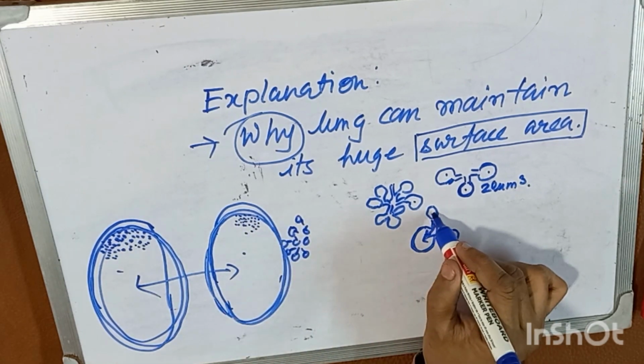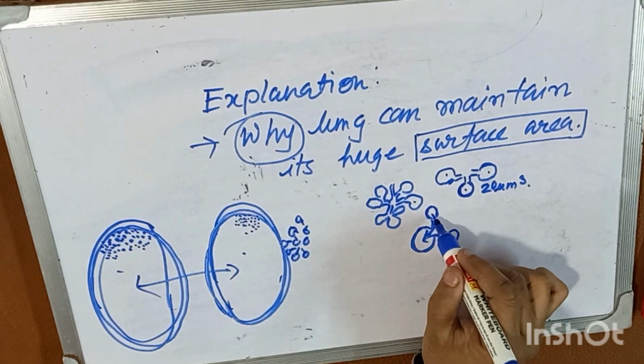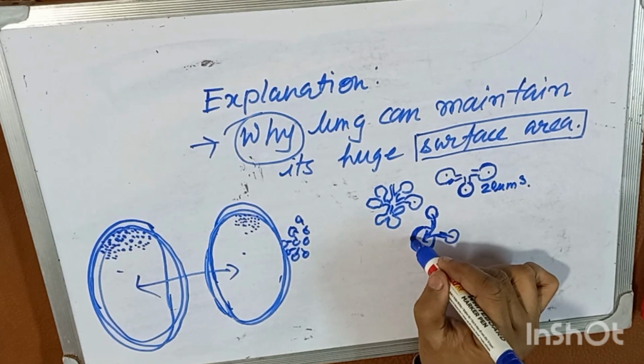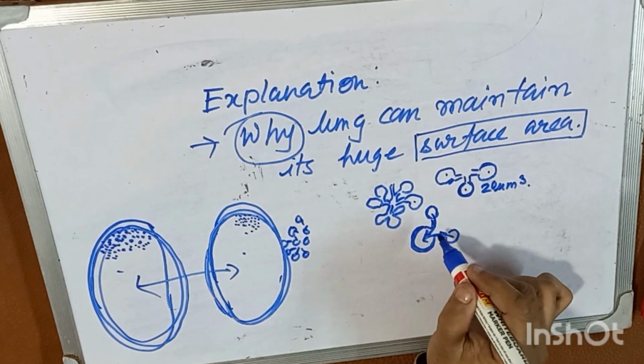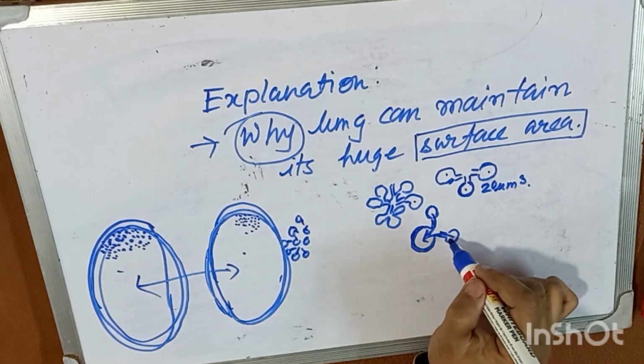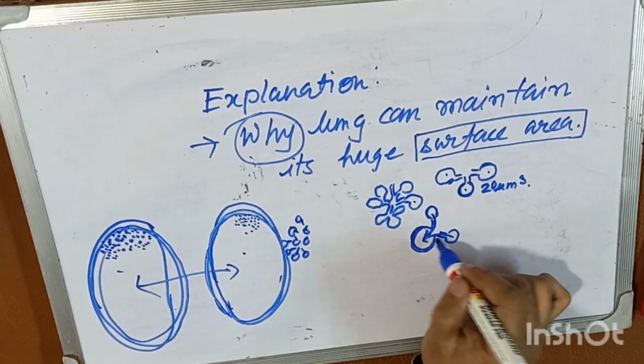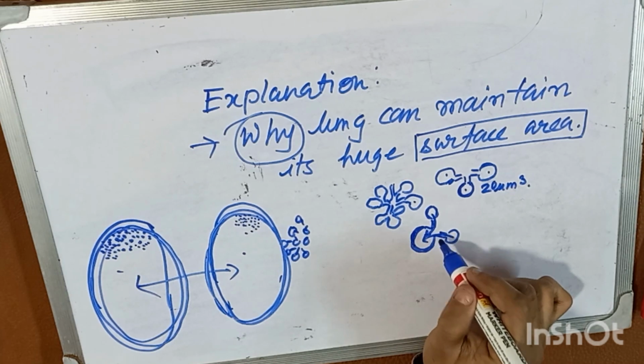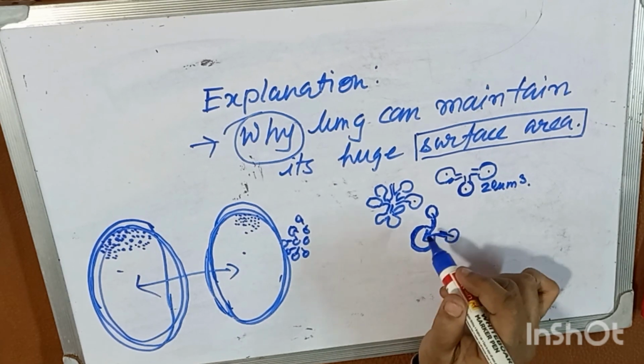So any volume getting shrunk and any volume getting increased is not good. An increase in volume will lower the surface area. And why does this not happen inside our lung? That can be explained by the Laplace law.